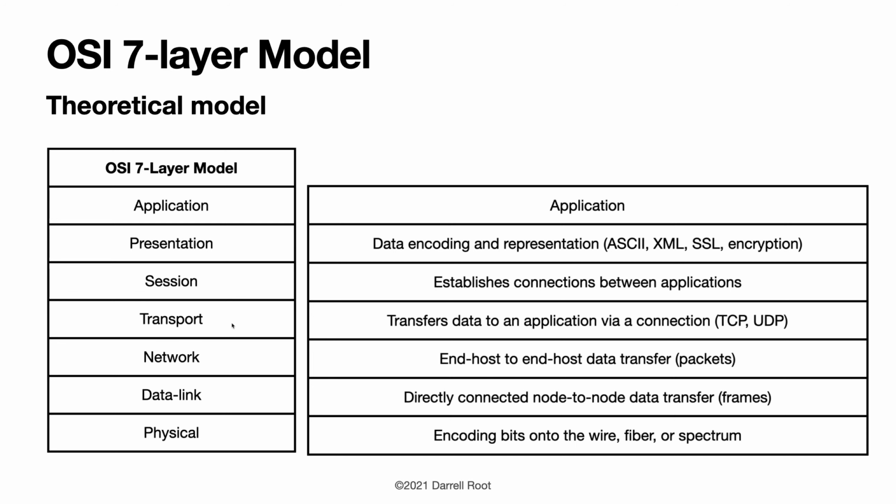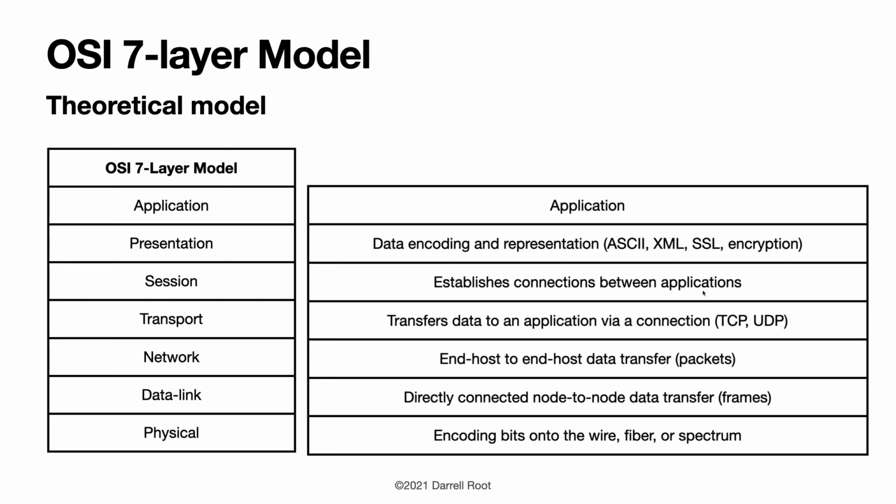The transport layer is layer 4, and that transfers data to an application via a connection. And 2 of the common protocols are transmission control protocol or user datagram protocol. The transport layer is getting the data to the application, so it's getting it to a process on a computer. We have the session layer, which establishes multiple connections between applications.